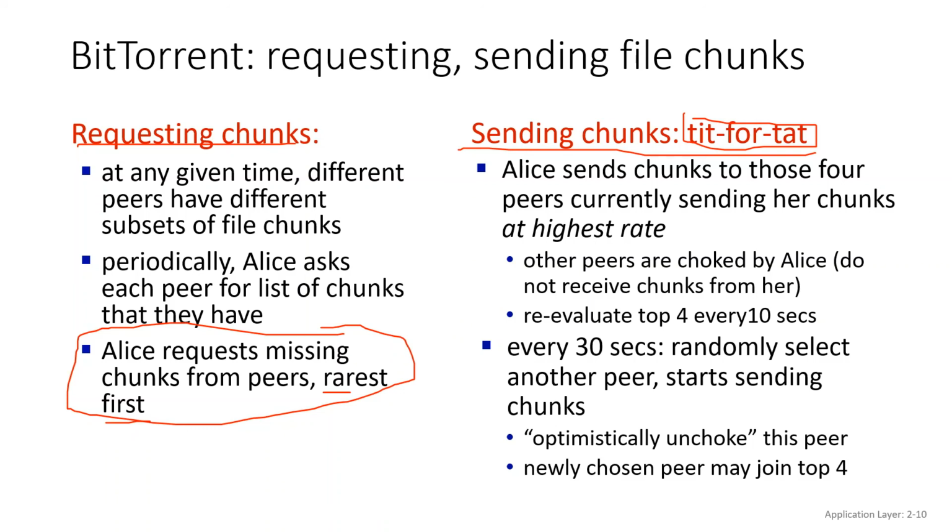One network has some chunks, and the other network has the complementary chunks. That means they are choked. They can't download everything, because they're missing the missing chunks.